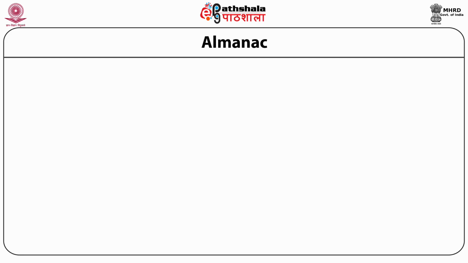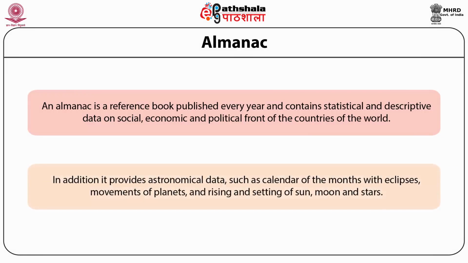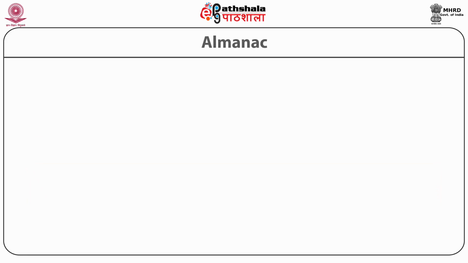Almanac. An almanac is a reference book published every year and contains statistical and descriptive data on the social, economic and political front of the countries of the world. In addition, it provides astronomical data such as calendar of the month with eclipses, movement of planets, and rising and setting of sun, moon and stars.